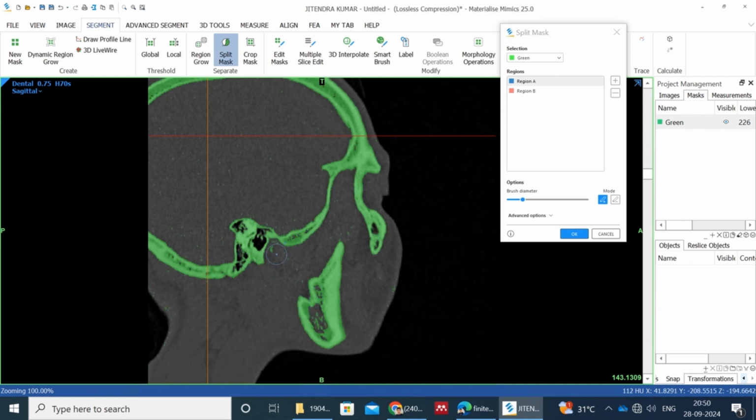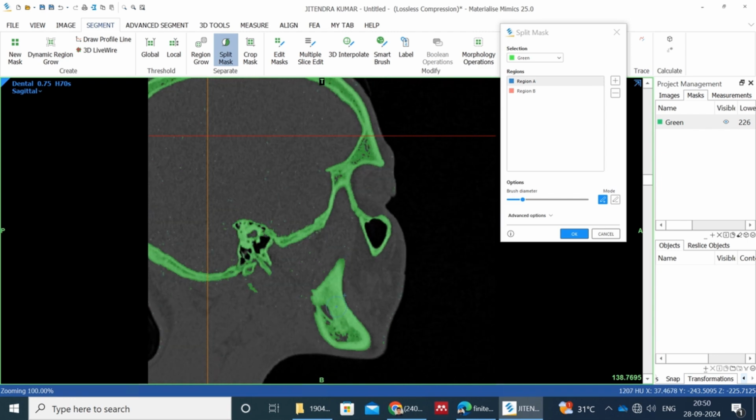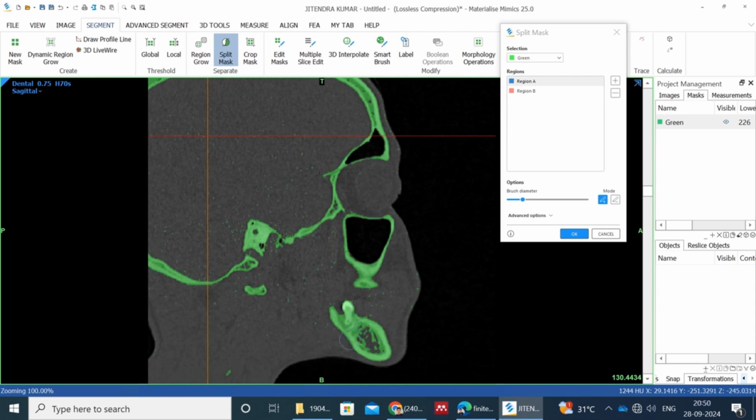Next here, some portion of the mandible on the condyle, and selected the remaining portion. Again this portion, this portion.